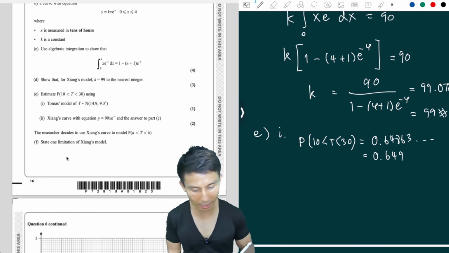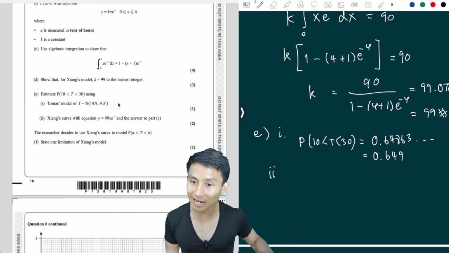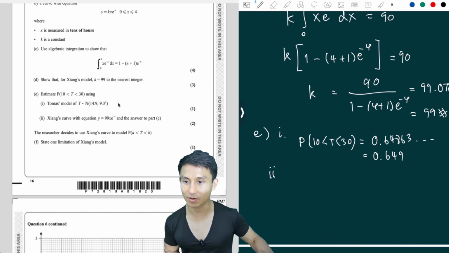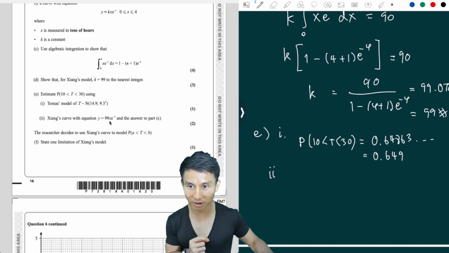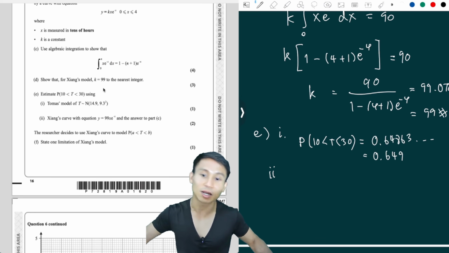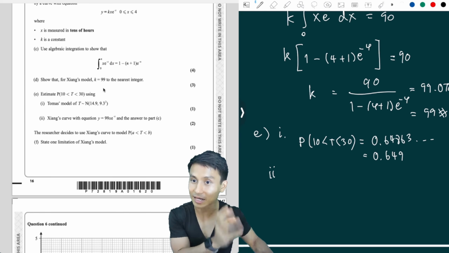Okay, part II. Xiang's curve with equation y equals 99x e to the minus x, and the answer to part C. We're going to find still the same thing, the probability from 10 to 30, but now using Xiang's curve. Bear in mind that we have a 99 here as well. To use the answer to part C, which is the result of the integration, this will give us the number of patients from 0 to n tens of hours.